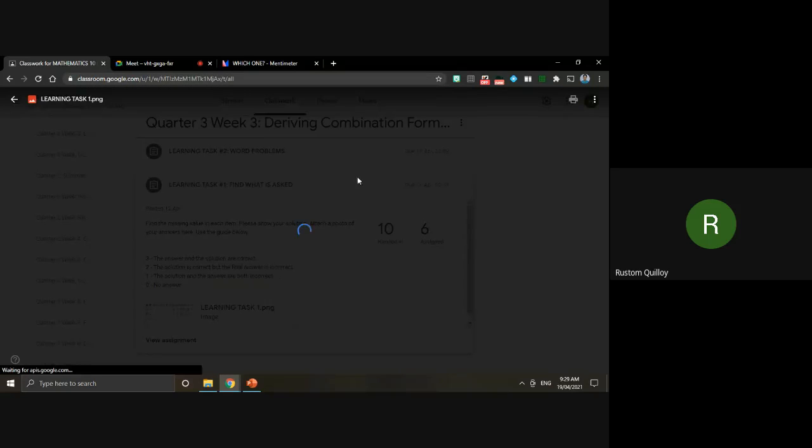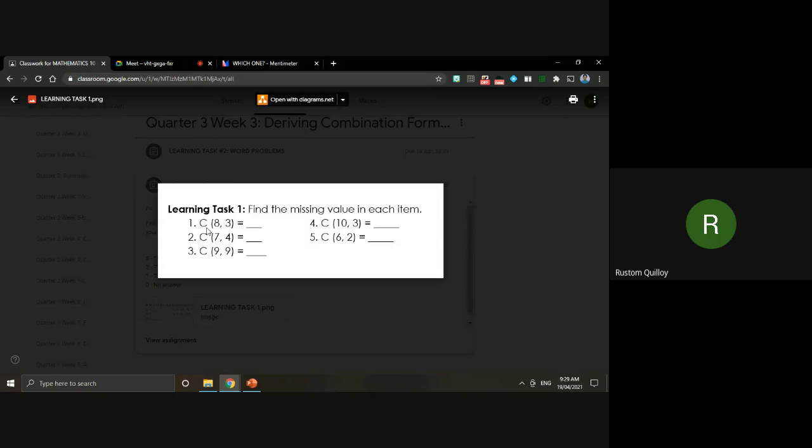Dito pala, hindi ko kasi ito na-explain last time. So dito sa ganitong learning task, dito halimbawa sa number 1, combination of 8 taken 3 at a time, ang N natin is yung 8, ang R is 3. The same goes with the other items. Kung ano yung mas malaking number, ayun po ang ating N, of course.